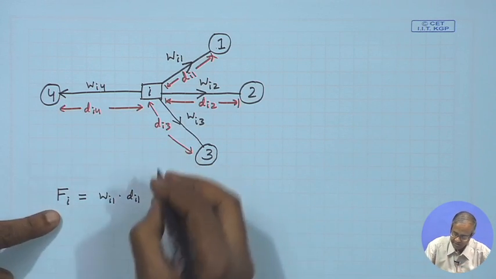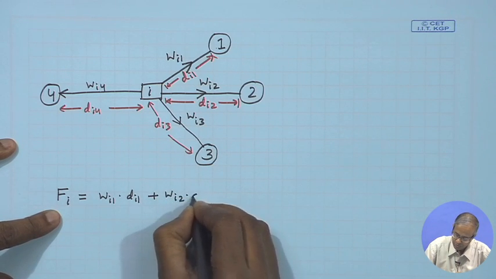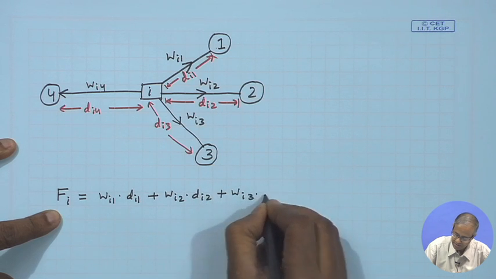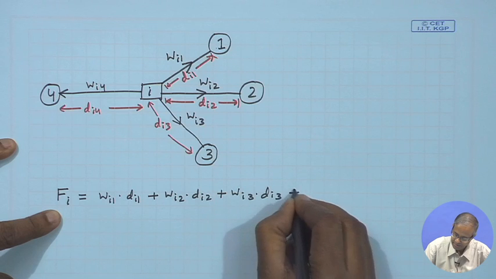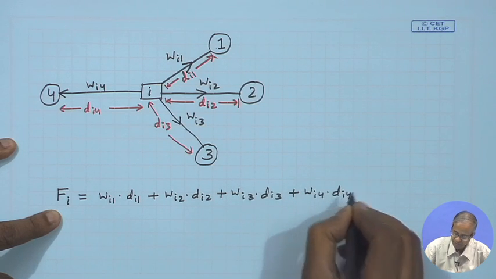So, the total force exerted on I will be Wi1 Di1 plus Wi2 Di2 plus Wi3 Di3 and Wi4 Di4.